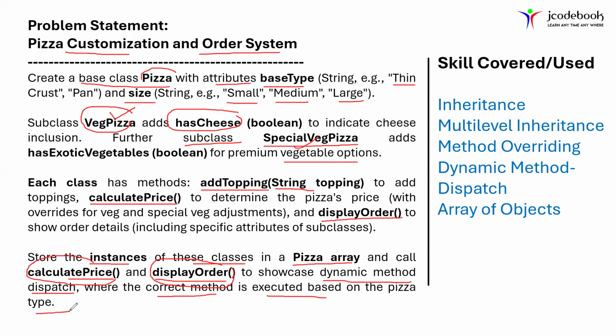You need to write a correct method to be executed based on the pizza type, meaning which type of pizza you are ordering. In order to solve this problem statement, you need to be skilled in the following topics: how to use inheritance, how to apply multi-level inheritance, how to use the concept of method overriding, how to apply dynamic method dispatch, and how to create an array of objects.